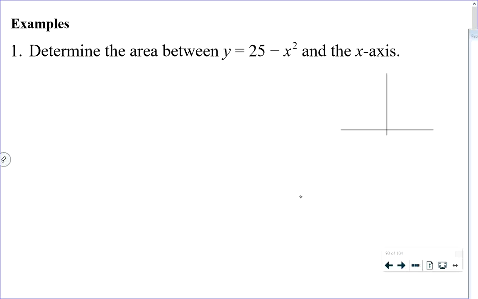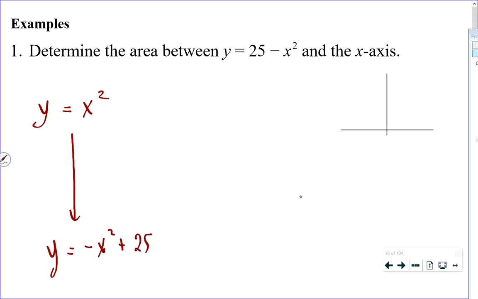25 minus x squared is a parabola that if you think of as going from this to this, I'll write it this way to help you out. You should understand that we are reflecting the basic parabola of y equals x squared vertically and shifting it up 25 units.